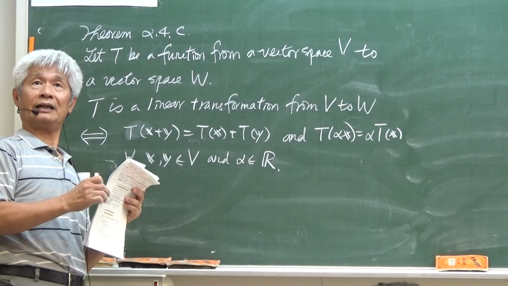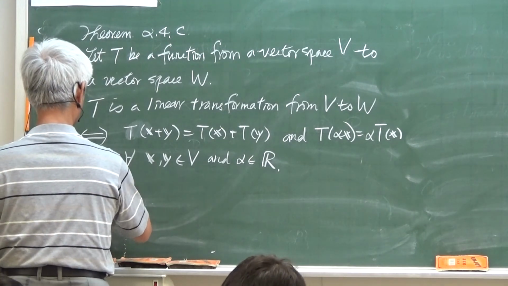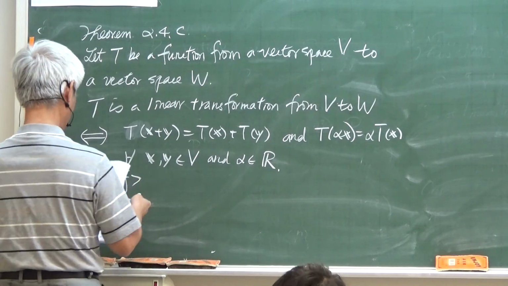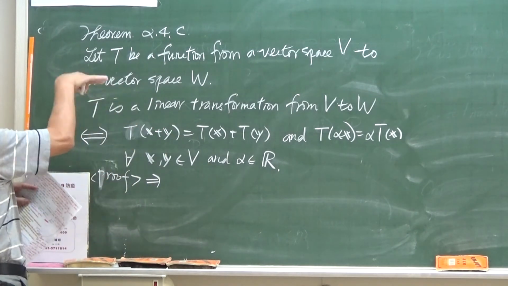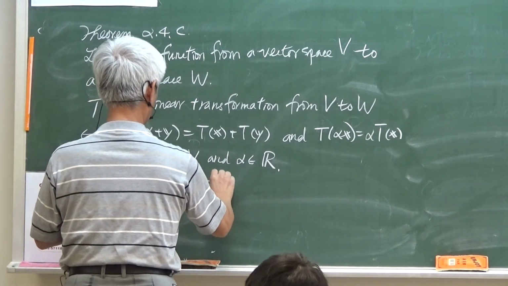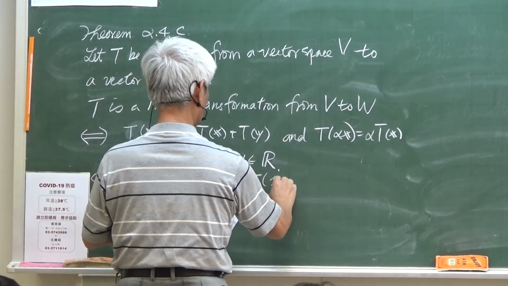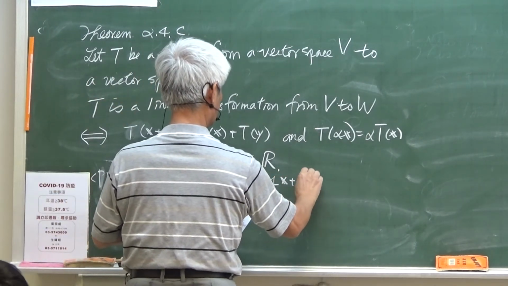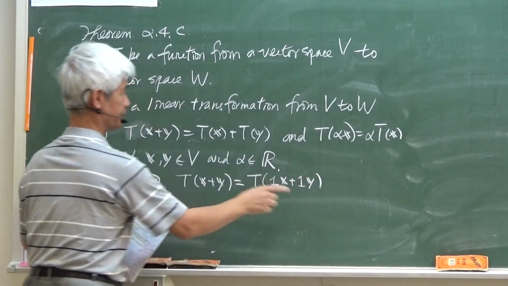Oh, by the way, I think I have two minutes. Maybe I can finish my proof. It's so simple. All right, the forward direction. T(x plus y) can be represented as a linear combination with coefficient 1, right? So they all have coefficient 1.